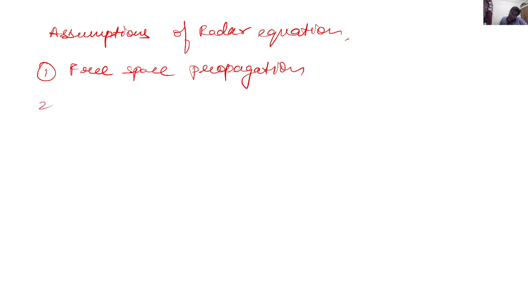Then the target is a point target. The target reflects incoming signal equally in all directions. That is what the second assumption states, but usually that is not the case. So the signal reflection may be very discontinuous, non-uniform.